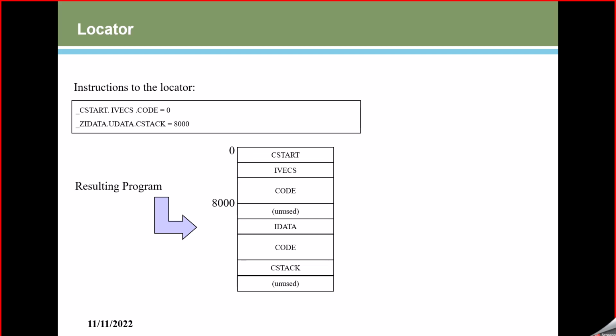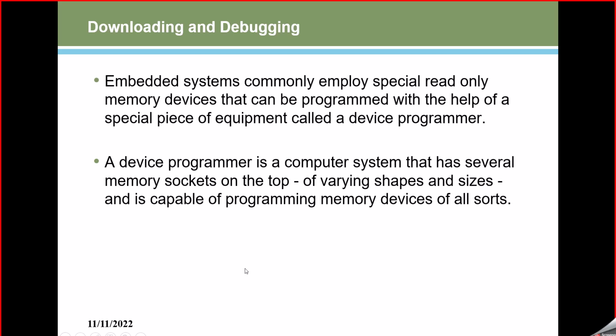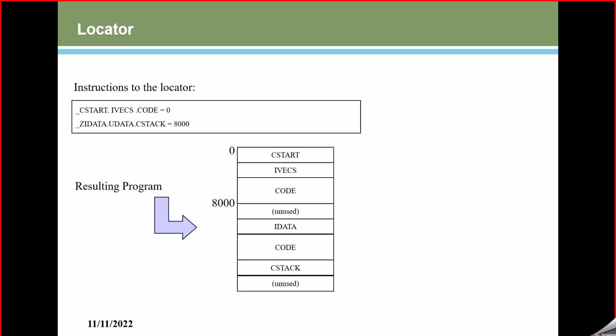You can see here, 8000 is one of the memory locations where your data will be stored, and code will be stored here. So data will start from 8000 and your code starts from 0. The constant data will be stored here. Okay, it's inside the microcontroller or microprocessor.